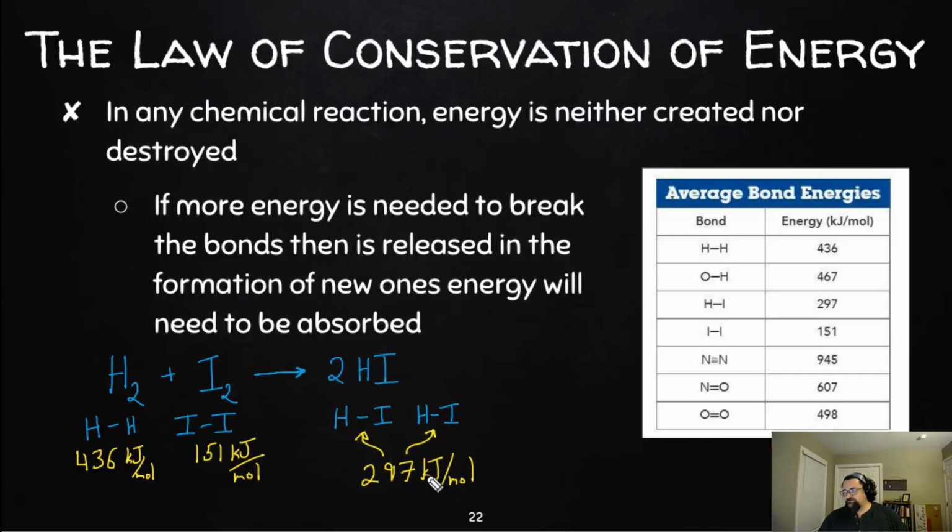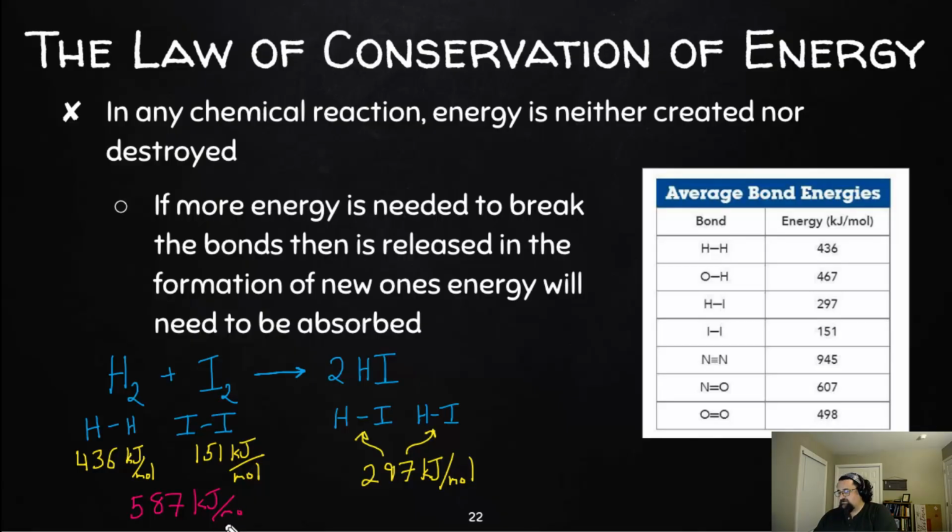And so when we're talking about looking at this, we can see that when you break those H-H bonds, you're going to need 436 kilojoules of energy to do it. To break the I-I bond, you're going to need 151. And so what we're really saying is over here on the reactant side, we need a total of 587 kilojoules of energy.